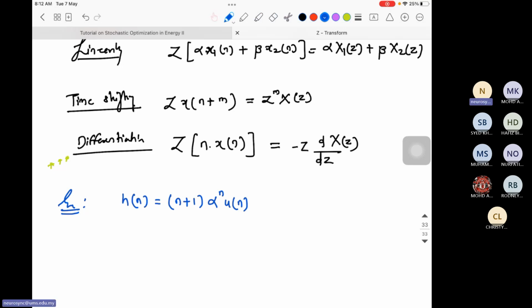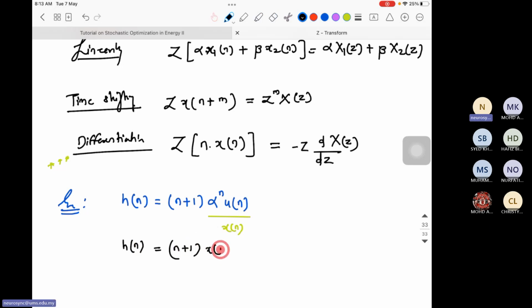So we write alpha to the power n u of n, suppose this is x of n. So this h of n is n plus 1 times x of n, which I can write as n times x of n plus x of n.